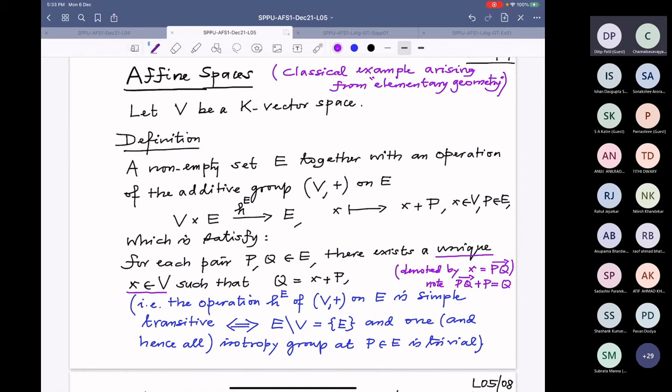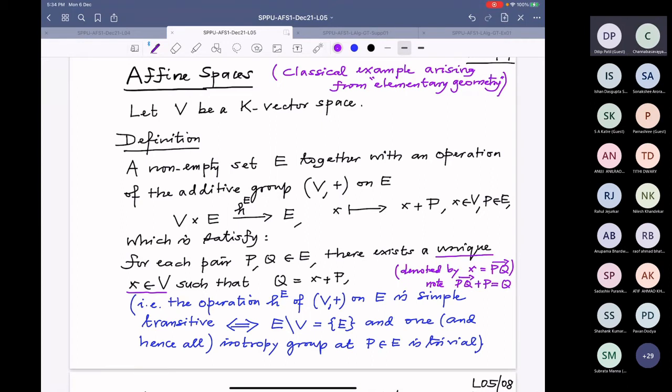And for each pair of points P and Q in E, there exists a unique x so that Q equals x plus P. This simply means that the operation is simply transitive. Uniqueness makes it simple, and existence makes it transitive.